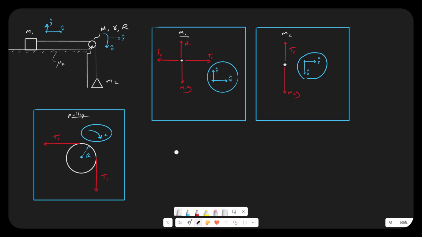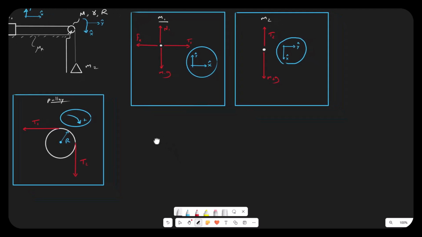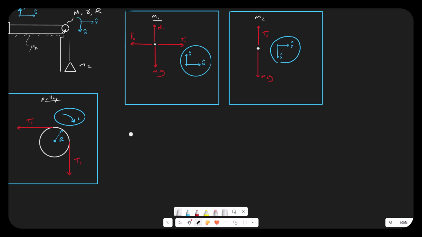Now I can start doing this. The sum of forces on mass 1 in the y direction is going to be N1 minus m1g equals m1ay. Acceleration in the y direction is going to be 0, so that tells me my normal force 1 is going to be m1g.